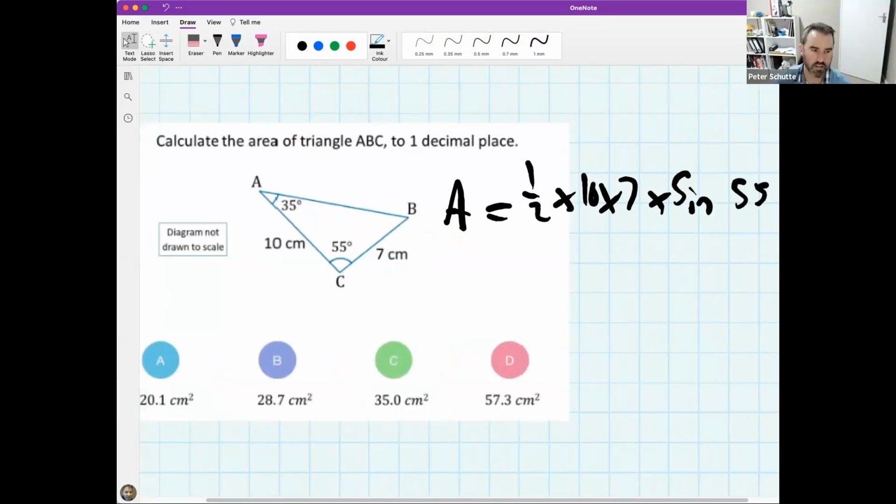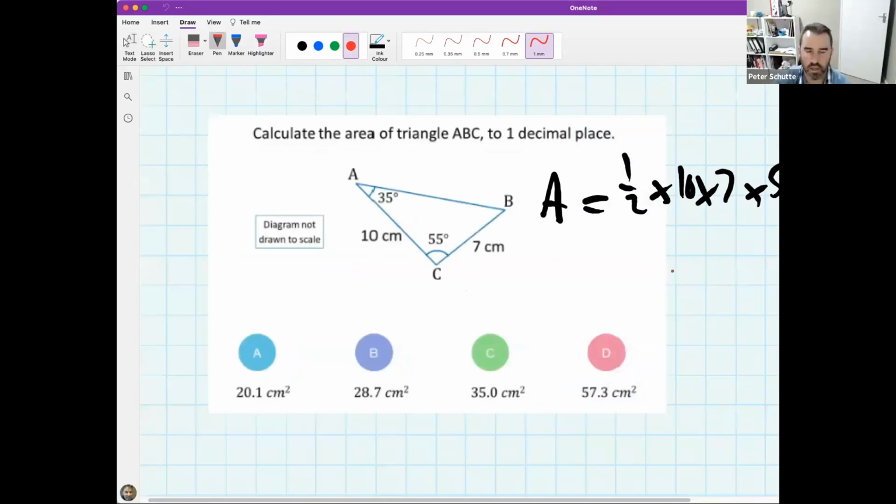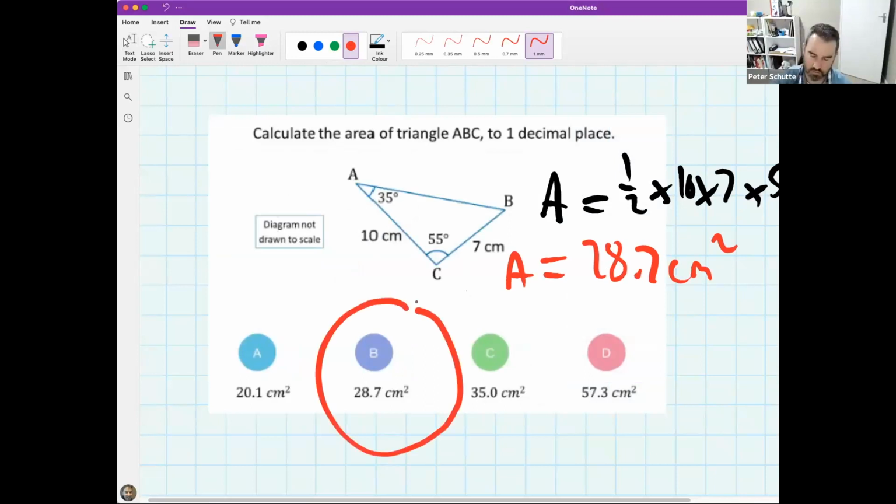And how does that look if we put it in our calculators? Oh, you can't see my calculator at the moment, but I'm just using it quickly. And you should have got 28.67 or 28.7 if we round off to one decimal place. And that's going to be centimeters squared. Which option is correct? It's going to be B.